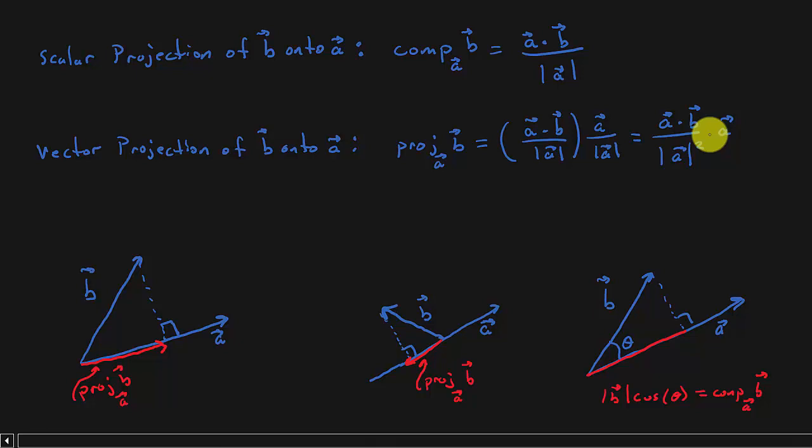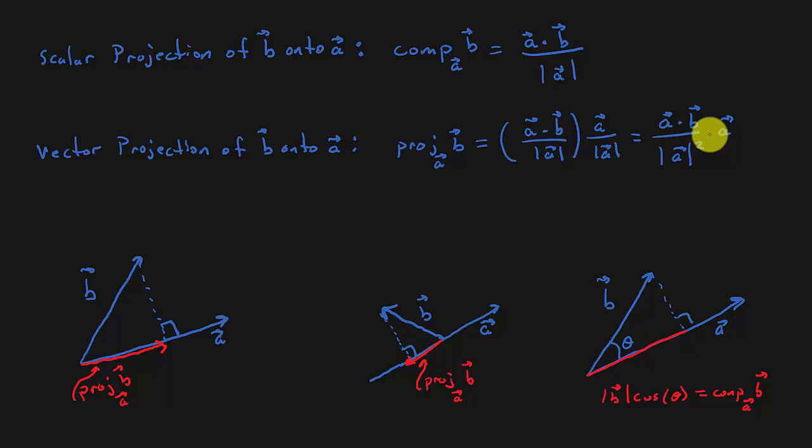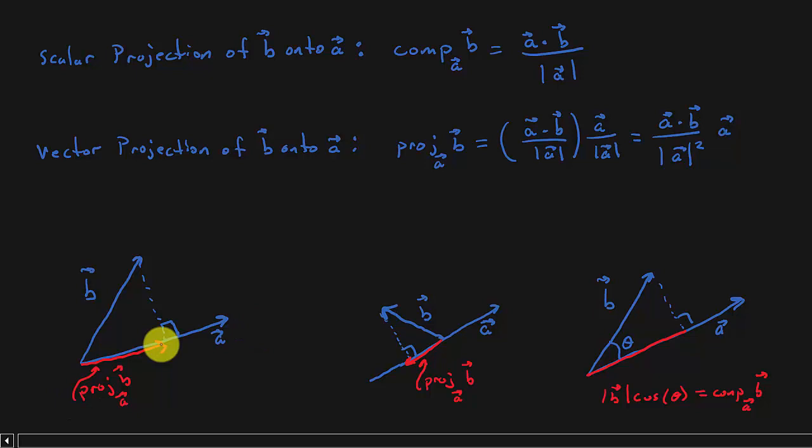So let's talk about this just a little bit. If you have two vectors, say vectors A and B with the same initial point, we want to talk about the vector projection. Let's look at the pictures while I'm telling that.